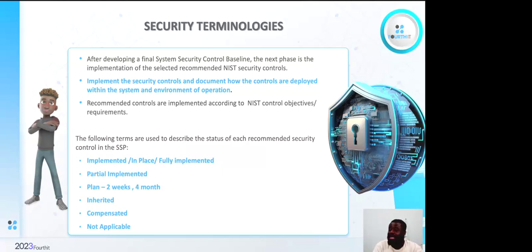Partially implemented means that when we look at the actual controls, remember I was telling you that we have part A, part B, part C, D, E. Maybe you have part A and B done, but the C and D you don't have. That could be partially implemented.